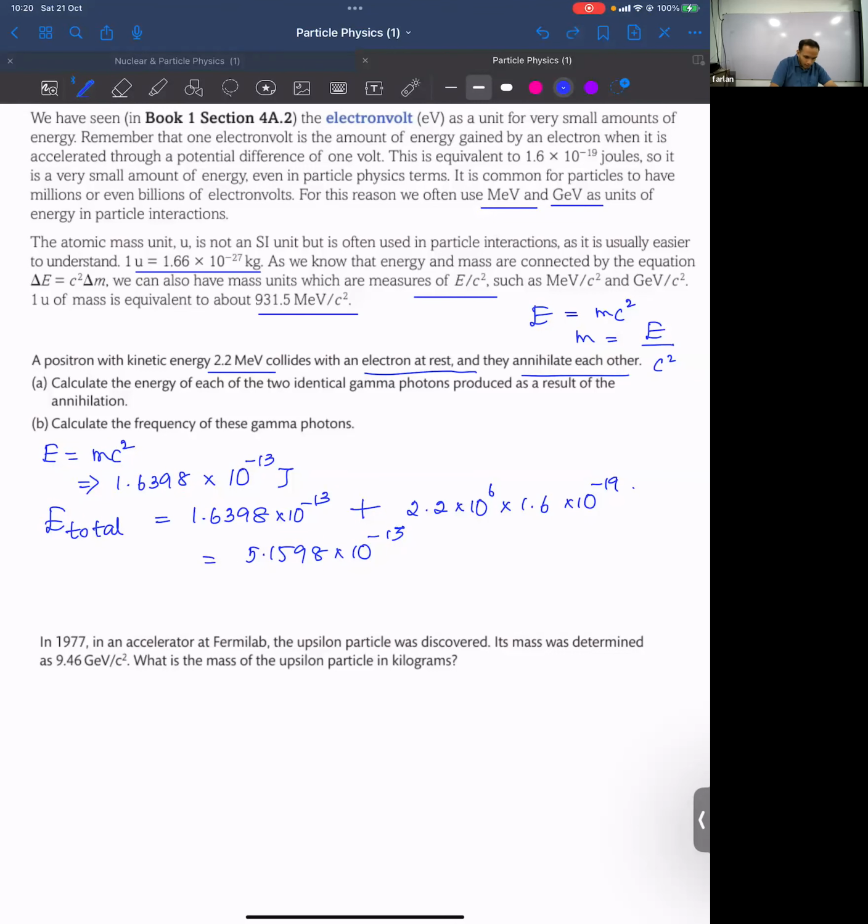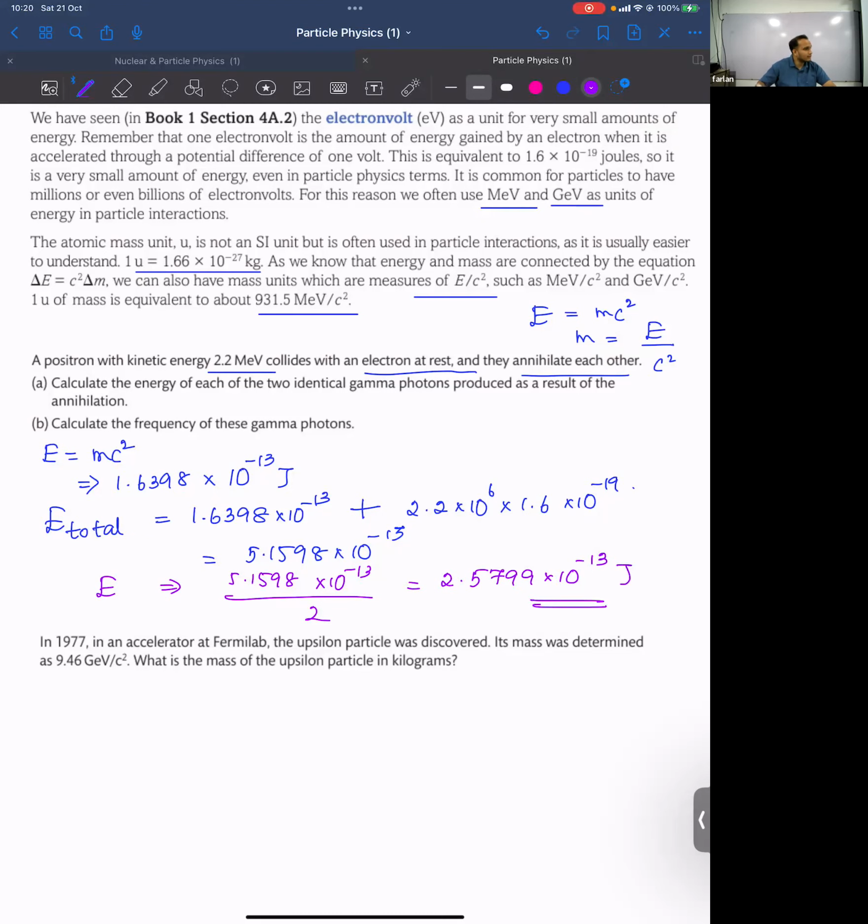So the energy of one gamma ray photon will be 5.1598 into 10 to the power minus 13 divided by 2. Hold on, give me a minute. 2.5799 into 10 to the power minus 13 joules is my answer.